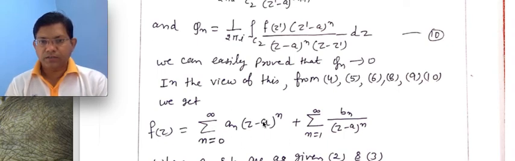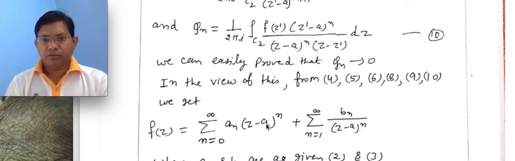The first part, summation n equal to 0 to infinity a n (z minus a) raised to power n, is called the analytic part, while the second part, summation n equal to 1 to infinity b n upon (z minus a) raised to power n, is called the principal part of f z at the singular point z equal to a. Now this theorem is proved.